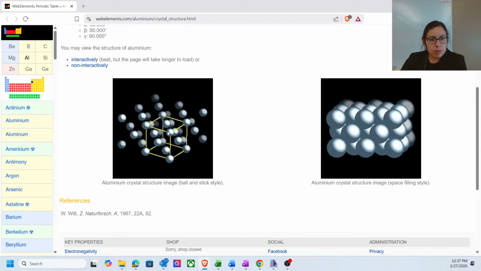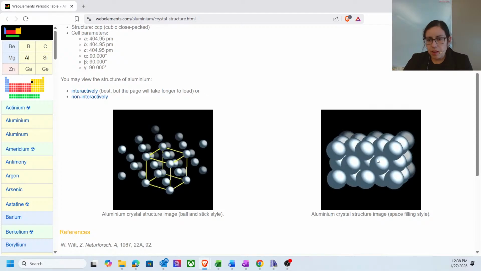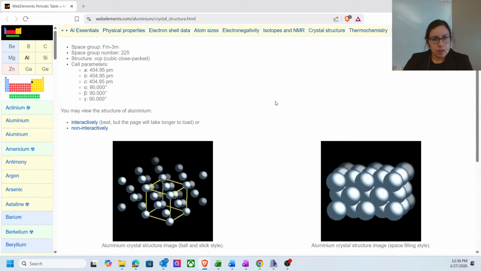So I think this one, aluminum, is calling it cubic close-packed, but I believe that's the same. So we can see we have aluminum at all our faces there. So there's our space filling, again just showing how tightly those atoms pack in there.